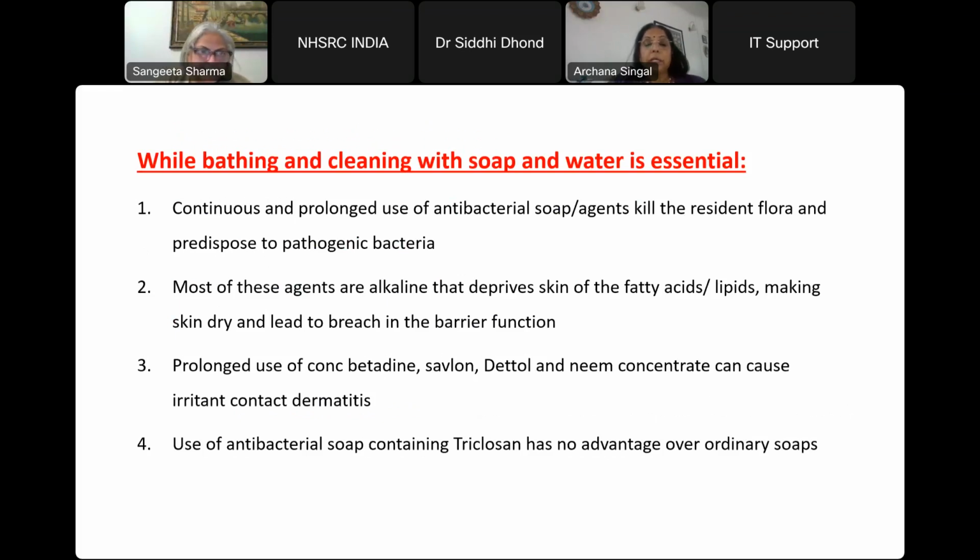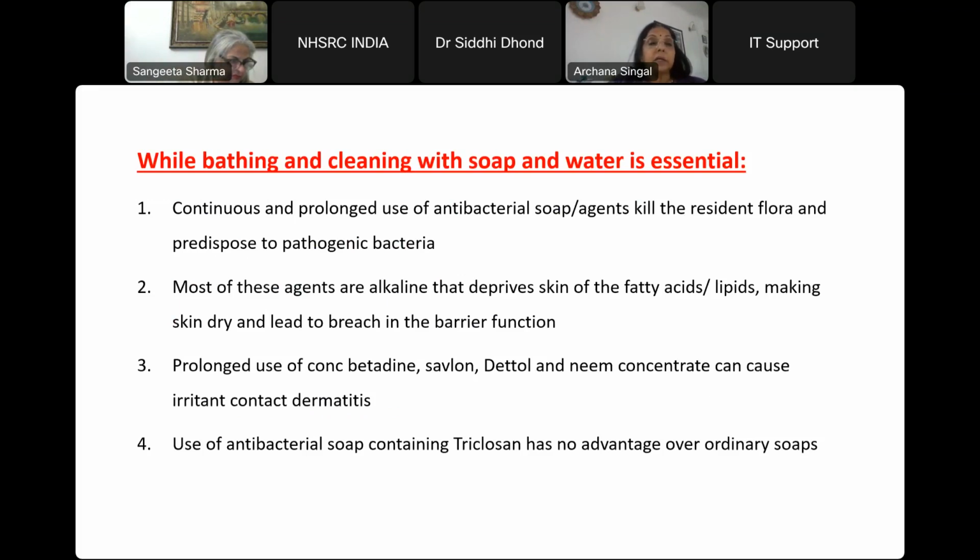So we know that every skin specialist will say you should bathe and clean with soap and water. It is very essential. There are many people who say that we do not use soap, but continuous and prolonged use of antibacterial soap or agents, like many people use Savlon soap or Dettol soap, or they add neem extract.